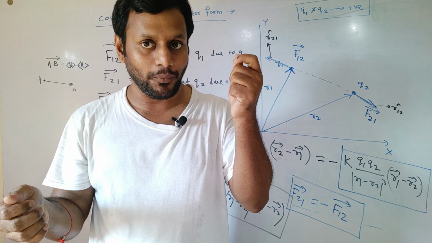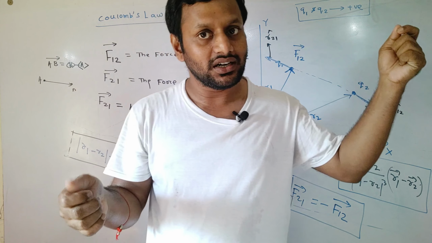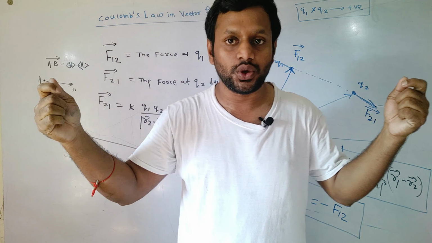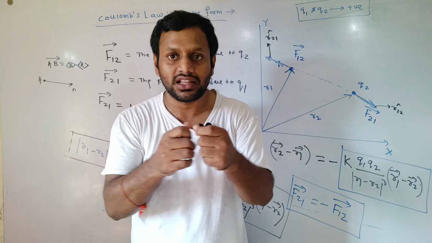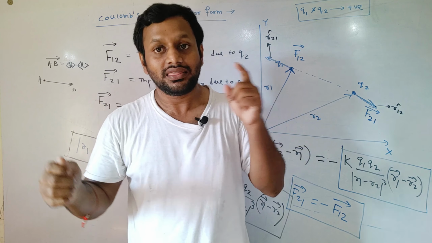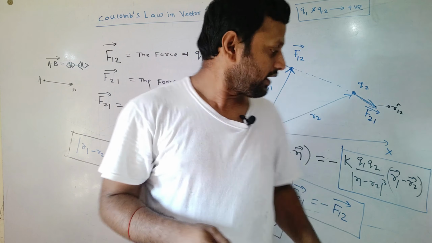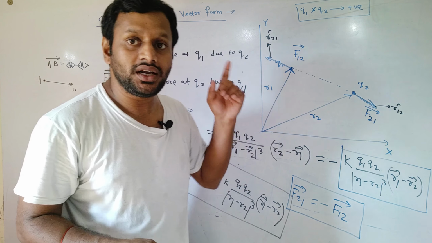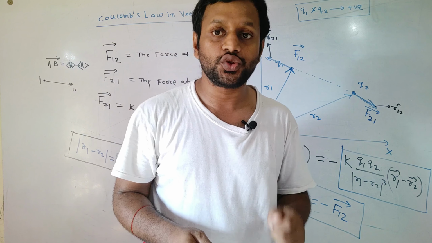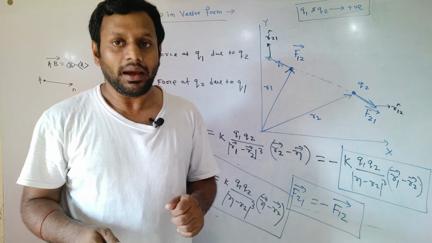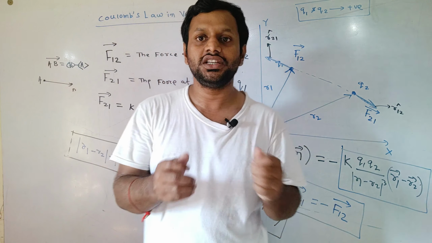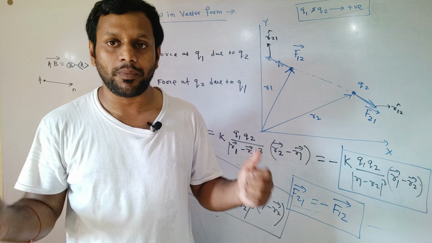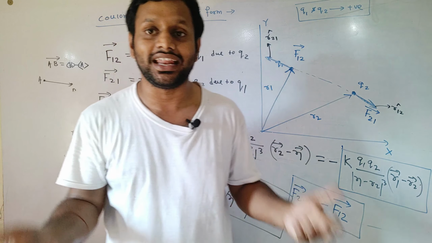They are always acting along the line joining the two charges. This point concludes that Coulomb's law obeys Newton's third law, that is, electrostatic force obeys Newton's third law, because these forces are an action-reaction pair, equal in magnitude and opposite in direction.